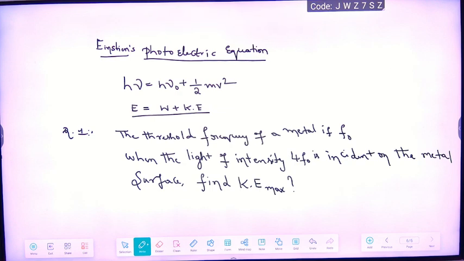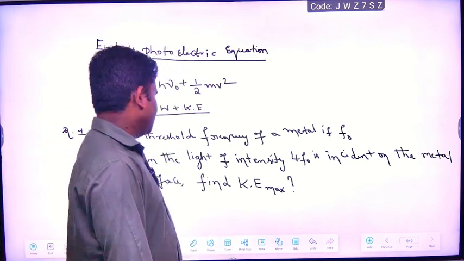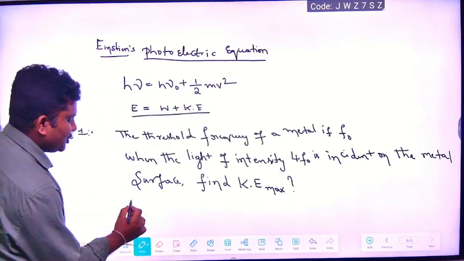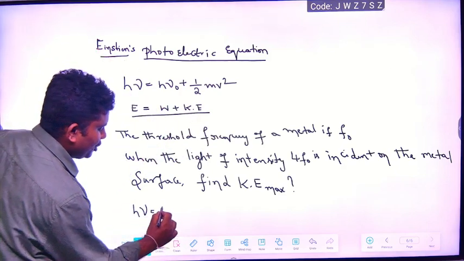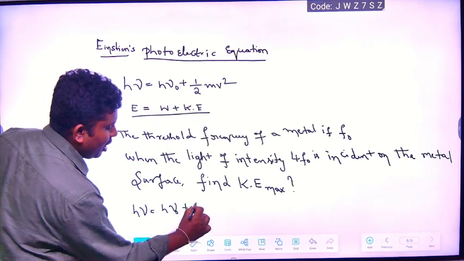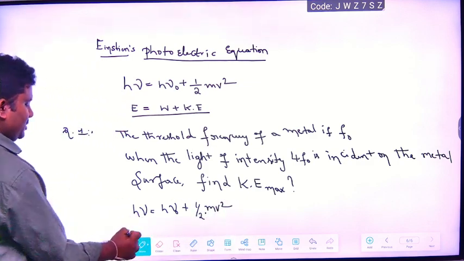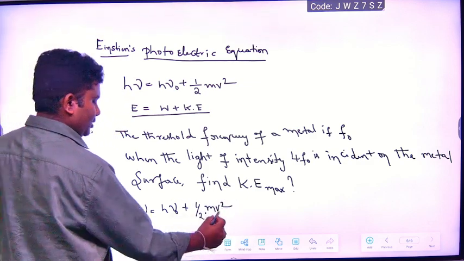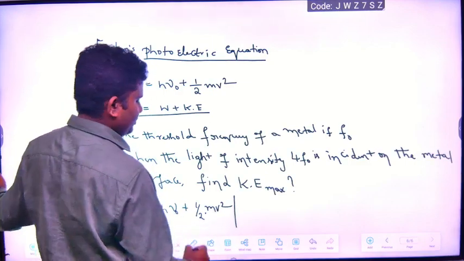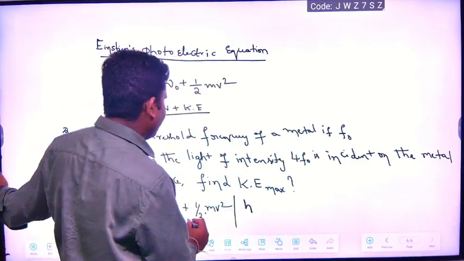How much is the answer? You see, listen here. h nu is equal to h nu naught plus half m v square. Correct, right? Now I will write this equation here. h nu: what is the incident frequency?